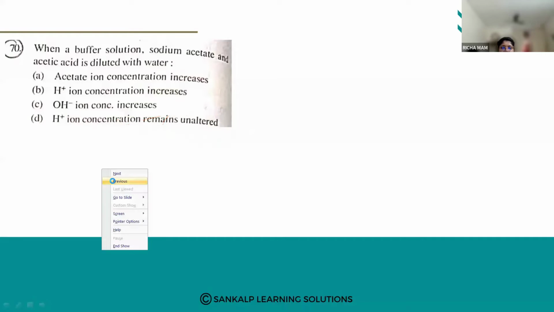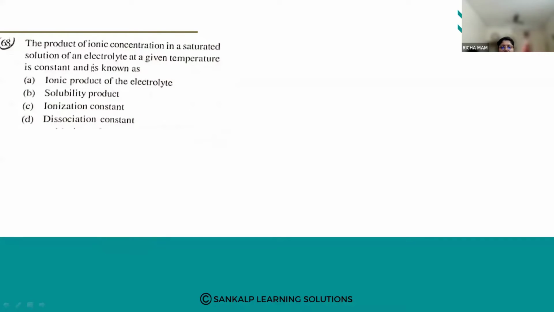The product of ionic concentration in a saturated solution of an electrolyte at a given temperature is constant and is known as: A. Ionic product of the electrolyte, B. Solubility product, C. Ionization constant, D. Dissociation constant.